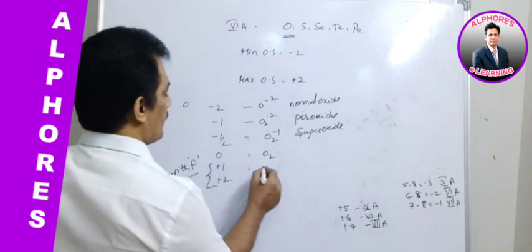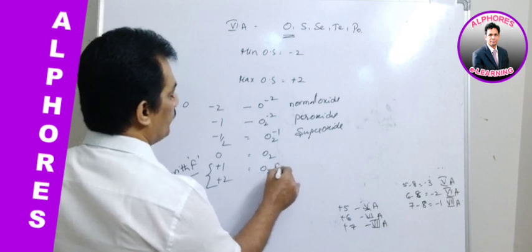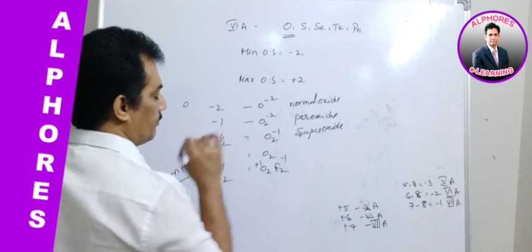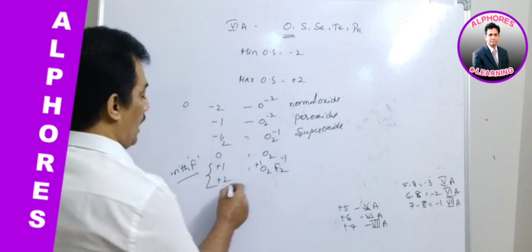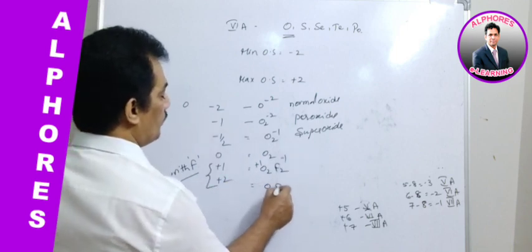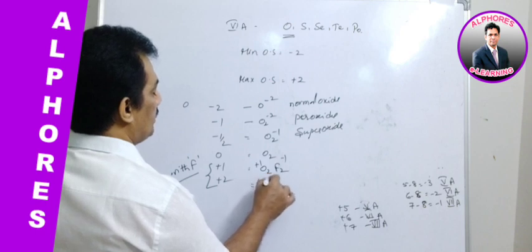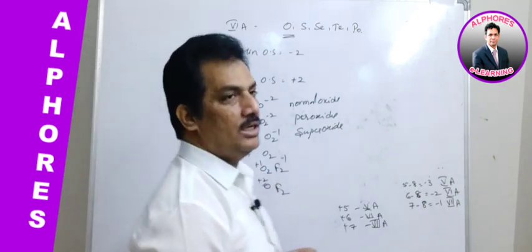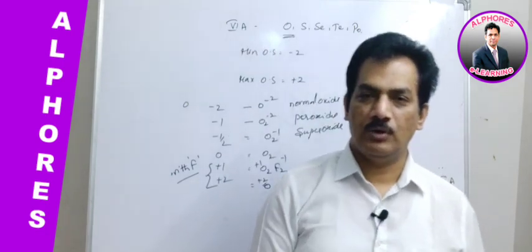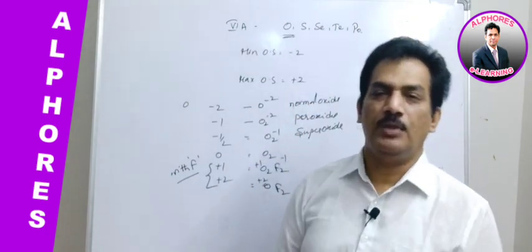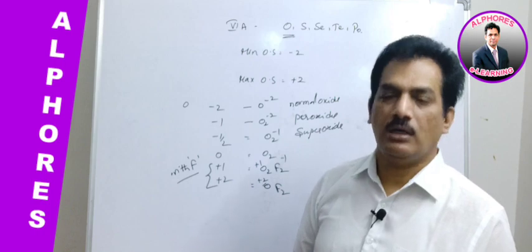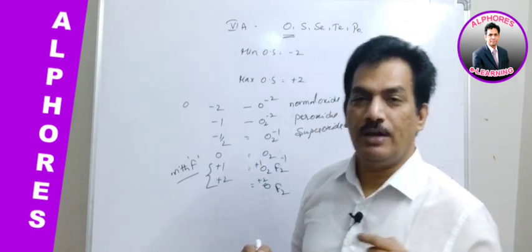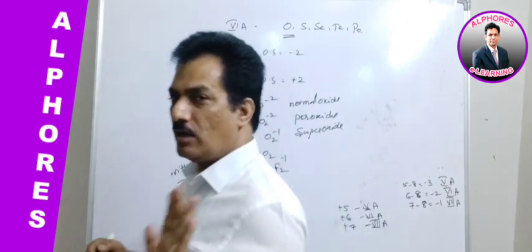In the case of O₂F₂, it is +1 oxidation state, as fluorine is -1, and in the case of OF₂, oxygen exhibits +2 oxidation state. Generally, when oxygen is present in a compound with any other element, those compounds are said to be oxides. But in the case of fluorine, the compounds with oxygen are not oxides.